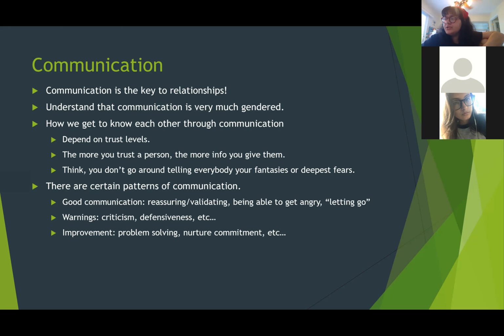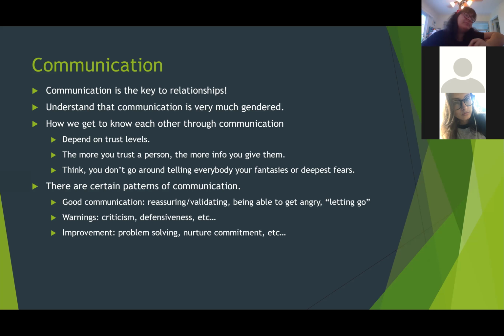Letting go in a relationship means, when you get angry, you put it on the back burner because you don't want to say something you'll regret, because words have meaning and they're powerful. If after a while you forget about it, you're like, oh, okay, I let go and I don't mind.